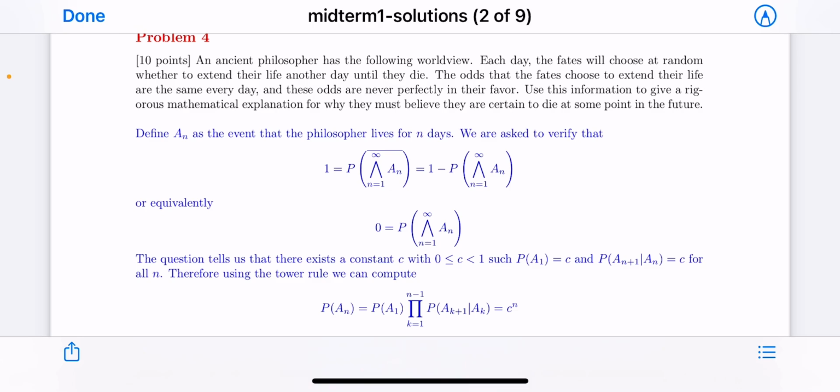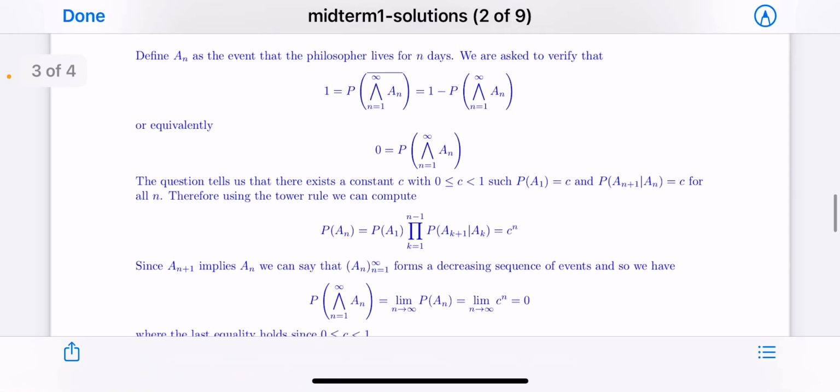I know that the probability of A_1 is c, and I know that all of these subsequent conditional probabilities are also equal to c. And so I can just say this expression is the nth power of c, because it has n terms and every single term is equal to c.